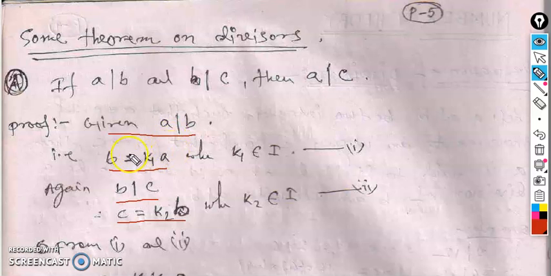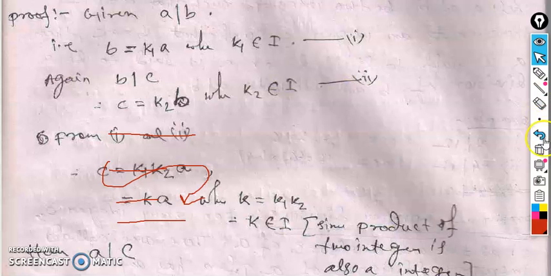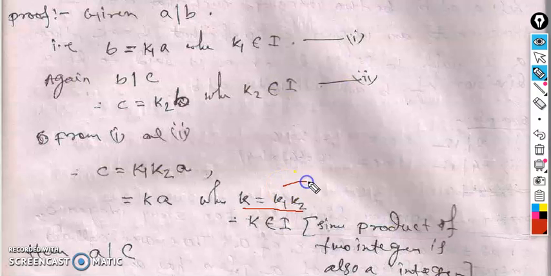So if we put this value of b here, c should be k2 into k1 into a. Since k1 is an integer and k2 is another integer, the product of two integers should be an integer. So here we consider k is an integer which is the product of these two integers k1 and k2.